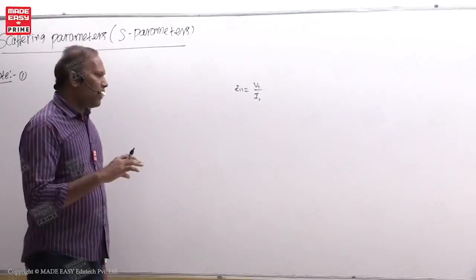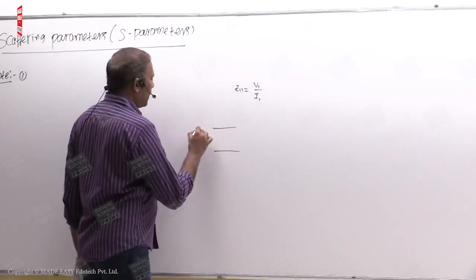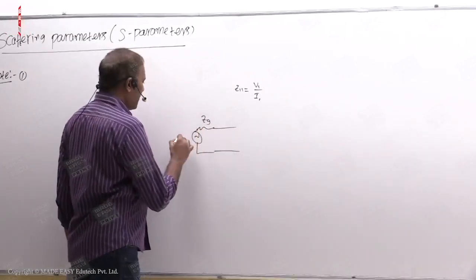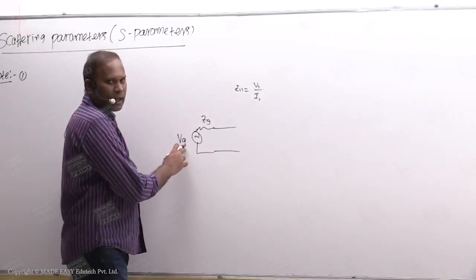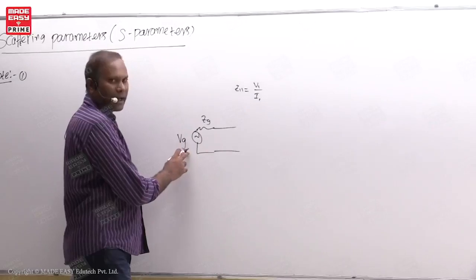And also, as we have seen in the transmission line, for example, here ZG is the generator, and here you have a tunnel diode, or otherwise high frequency power amplifiers, a microwave device.